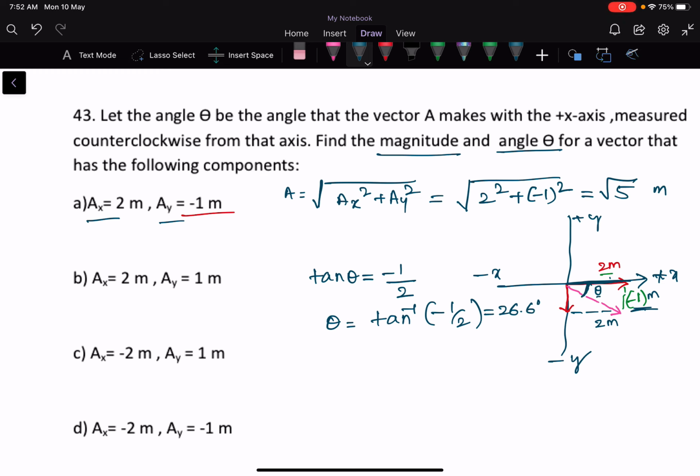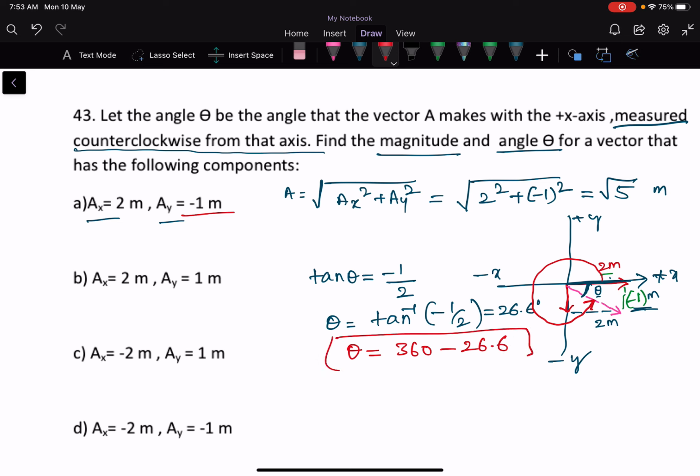But our actual angle is always measured counterclockwise from the positive x-axis. So our original angle is like this. This is the original angle for that vector. So the original angle theta is equal to 360 minus 26.6.